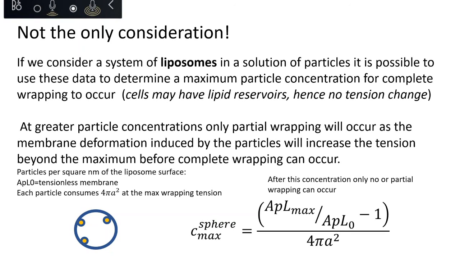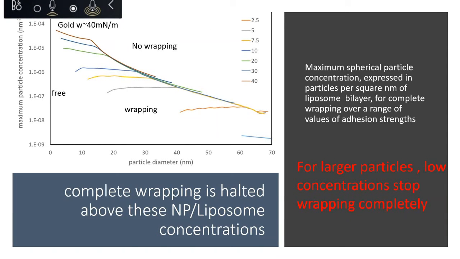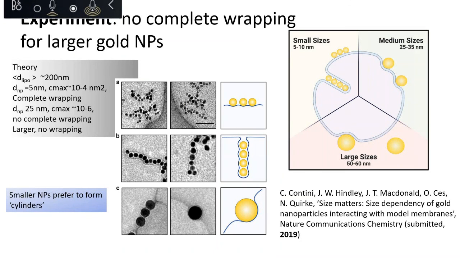All right, okay, so I'll just leave that and go on to say that we can make predictions for real systems using all the theory that I've mentioned in the previous slides. We can say, well, what would happen to gold on a liposome surface? The liposome is around 200 nanometers.